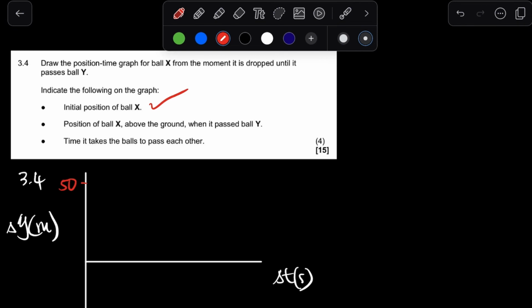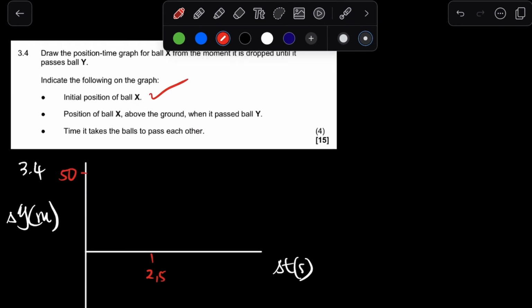Now the time that they pass each other, it's what? It's 2.5 seconds, the time where they pass each other. And then the distance that ball X covered, remember, it's the one we just calculated. It was 19.38.